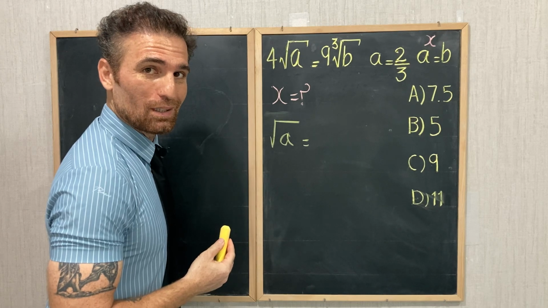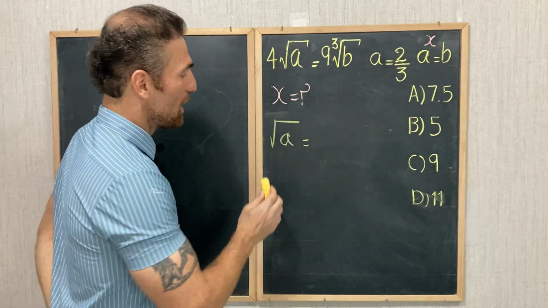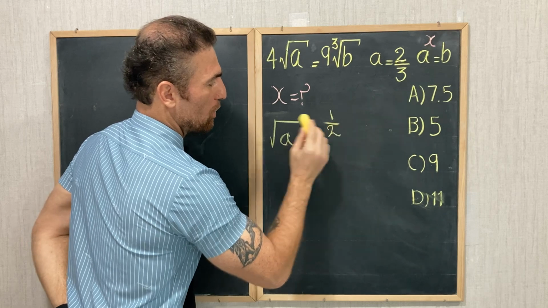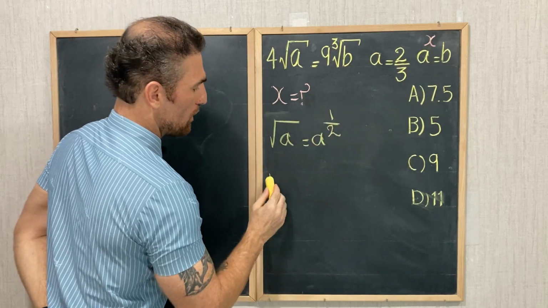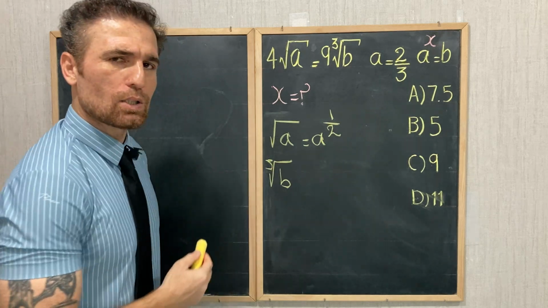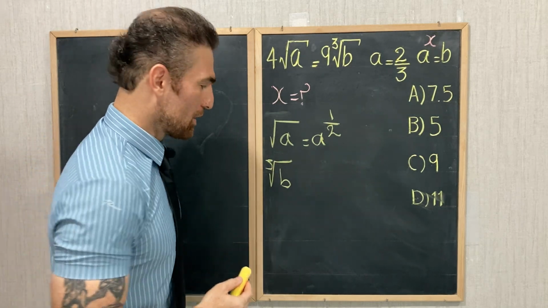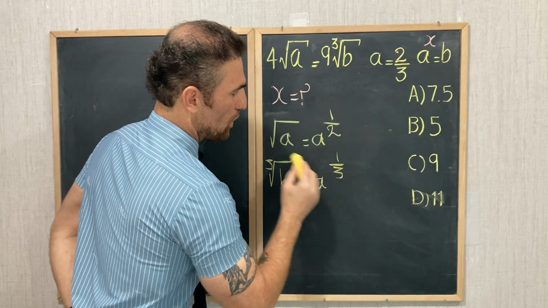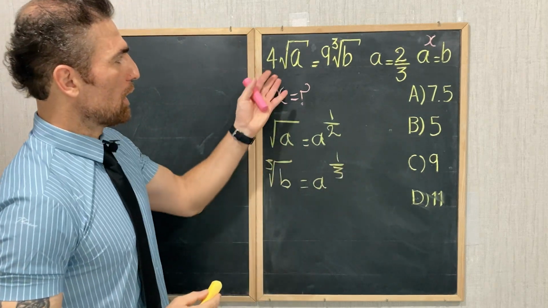What? Can you help me? Right. Square root of a equals a to the power of 1 over 2, and cube root of b. What is cube root of b? Right, cube root of b equals b to the power of 1 over 3. Now let's rewrite the question.